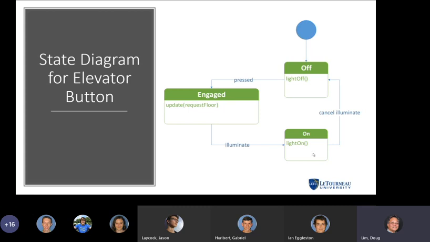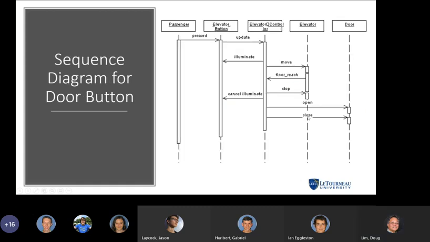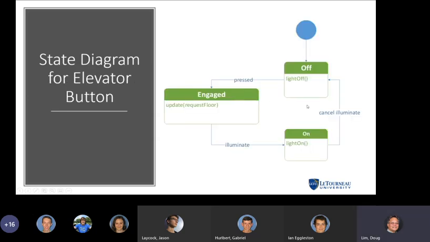And then when the floor is reached, going back here, we do a stop, and then the elevator controller sends the elevator button a cancel illuminate event. And so here's the cancel illuminate event that takes us to the off state. So I actually invoked this extra state that was engaged.